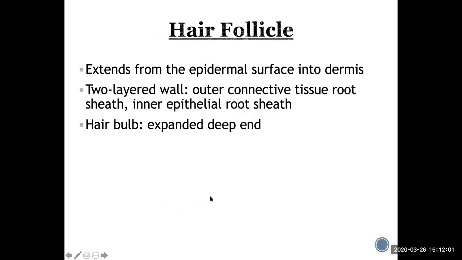Okay, so the hair follicle again extends from the epidermal surface down into the dermis. Not worried about the layers of the hair follicle, but that it terminates, the deepest part of your hair is called the root, or called the hair bulb, okay? The hair bulb is where the hair grows from.